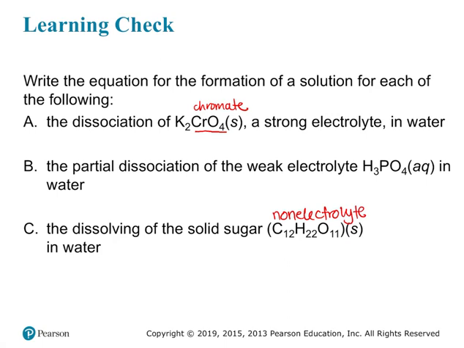Okay, let's go over A. So we're told that potassium chromate is a strong electrolyte. So we already know that this will completely dissociate.